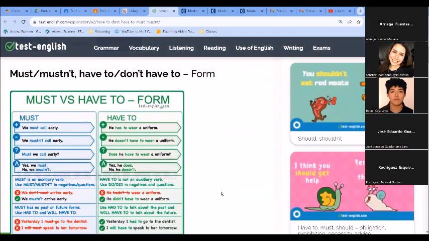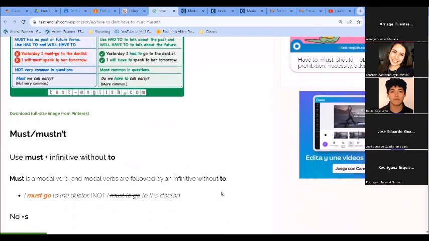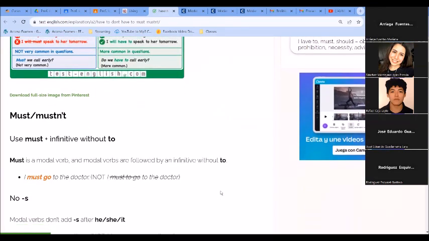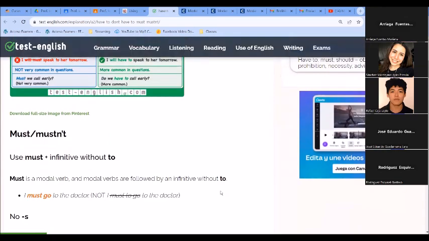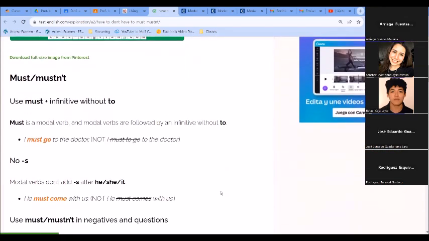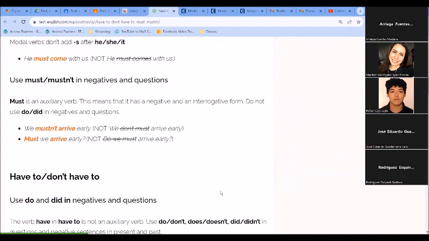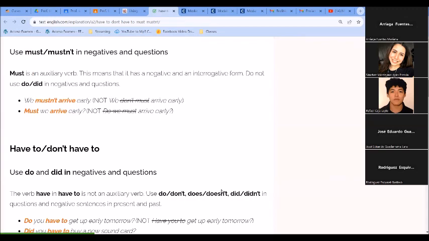It's a strong rule. We'll notice that have always goes with its to, so it's always have to or had to. And with must, there's no to. So that's one way you will notice how to use them.